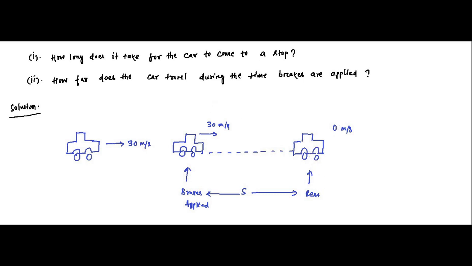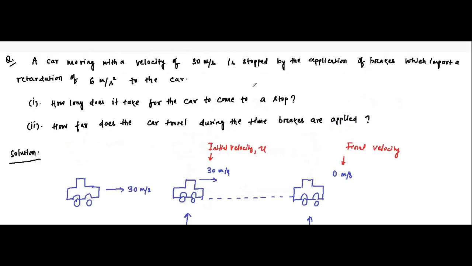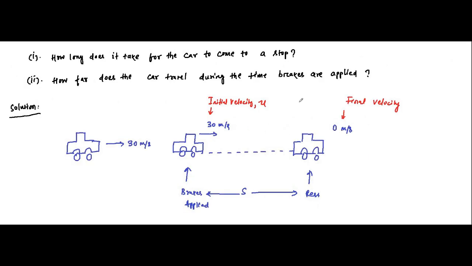Here, this is the initial velocity, this is the final velocity, and the acceleration is given as retardation, so it will be minus 6 meter per second square. Why the minus sign?